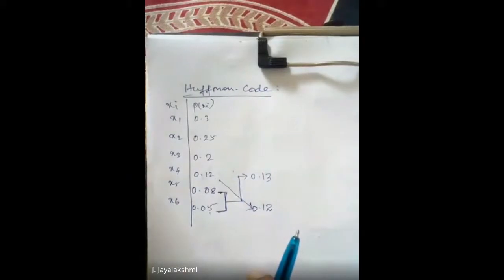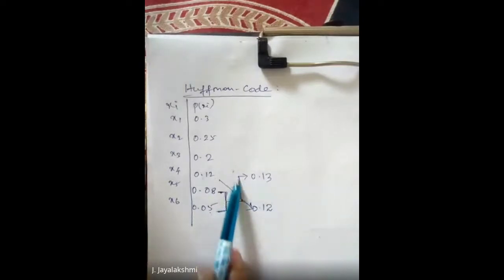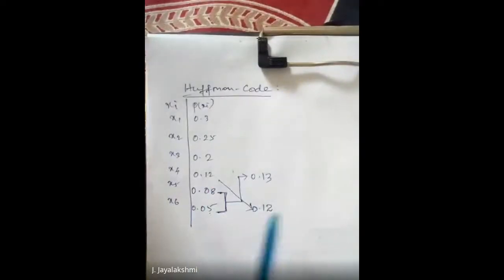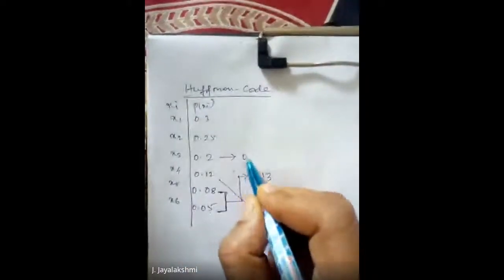Addition gives 0.13 here, and this is 0.12. Of course, this is 0.2, and this is 0.25 and this is 0.3. So this we call stage 1 or step 1 also you can write.